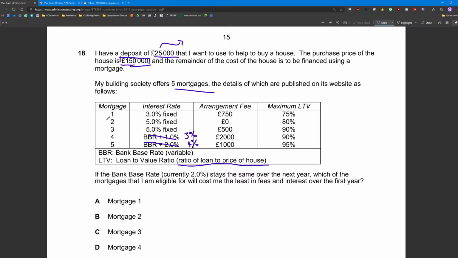I don't know. I think he can't actually take mortgage 1 because he doesn't have enough for a down payment. So the first mortgage is not enough because the loan-to-value ratio is 75%, and the next one is not enough because the loan-to-value ratio is 80%.